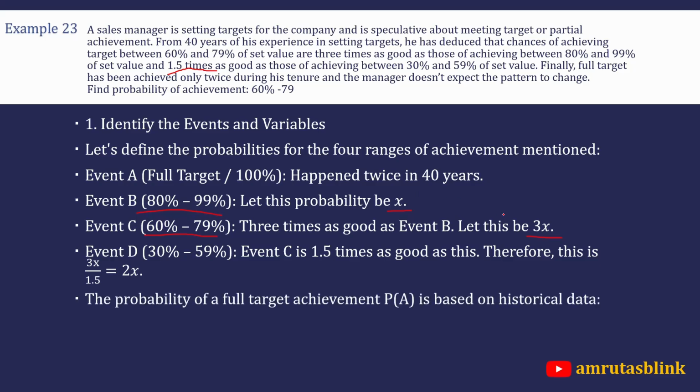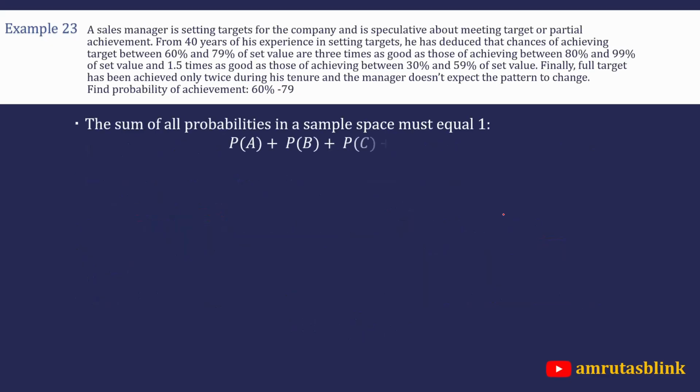And probability of A is already given, that is twice in 40 years. So 2 upon 40 is equal to 0.05. Now we are aware that summation of all the probabilities in the sample space is always equal to 1. In this complete solution, we just have to use only this rule, that is summation of all the probabilities in the sample space is equal to 1.